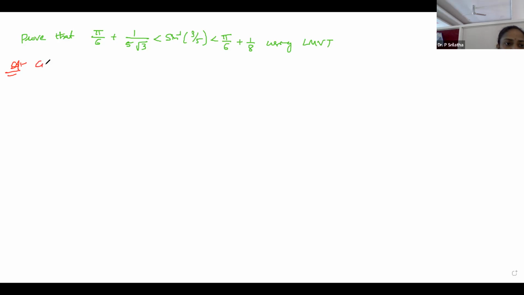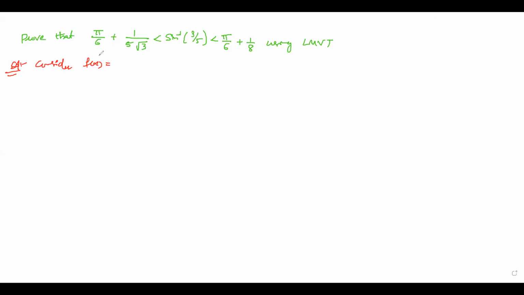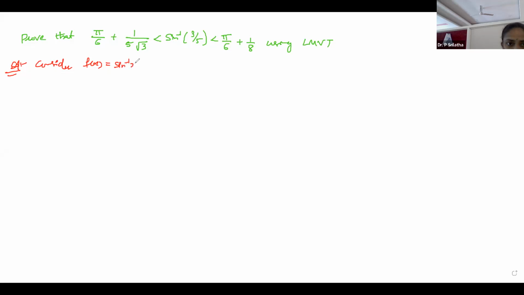So consider f of x equal to sine inverse x. What about the limits? We don't know the limits, no. That's why we are taking the closed interval a comma b.